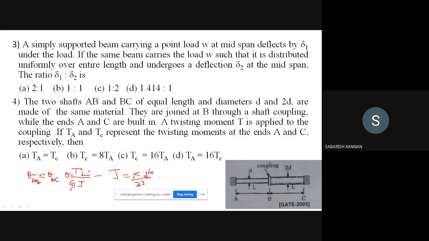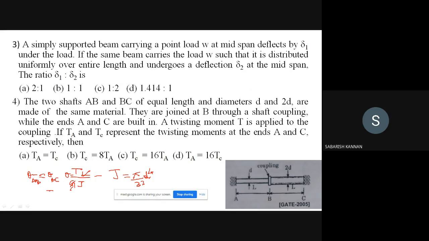So this is our polar moment of inertia formula. So L is same, so this does not come into the account, and G is same material, so that modulus of rigidity will not come. So only T by J is over here.